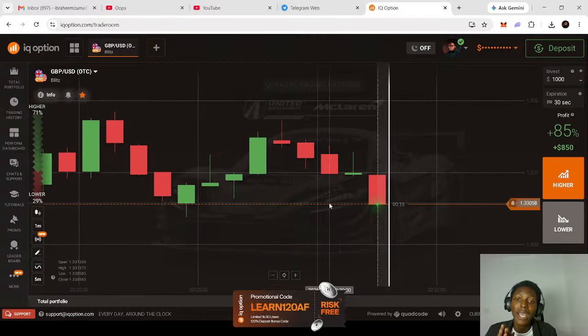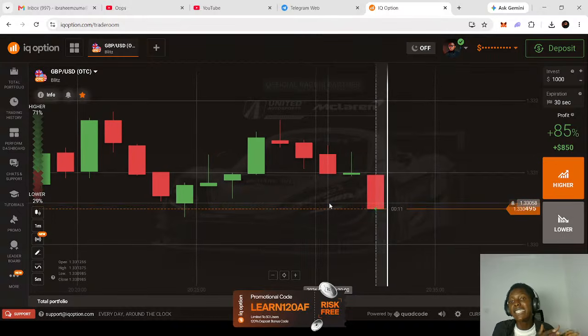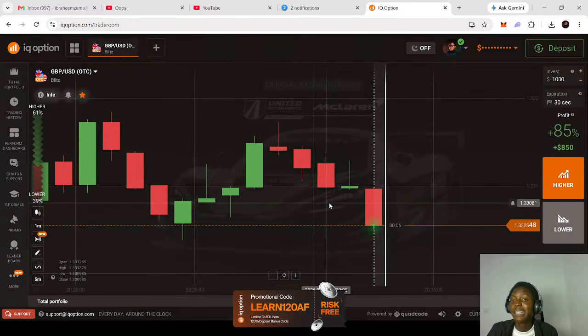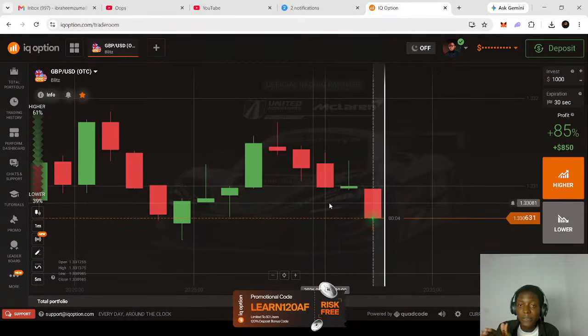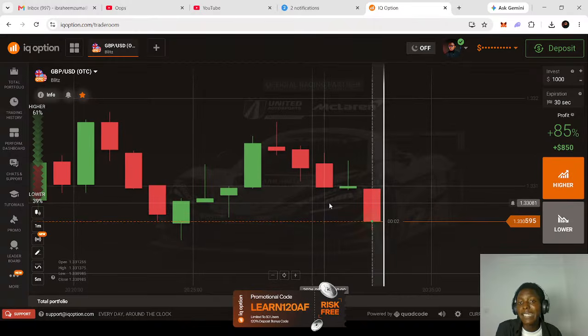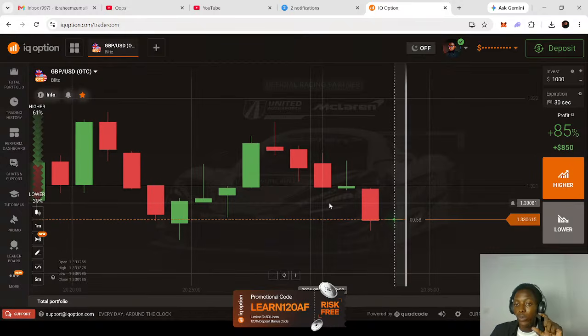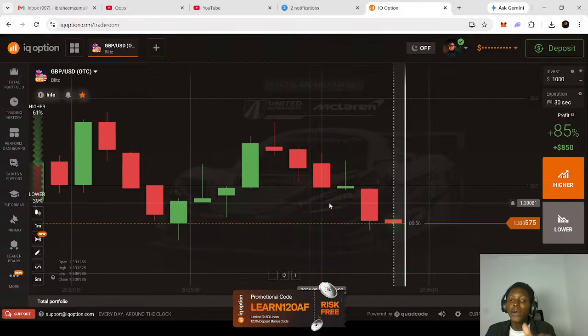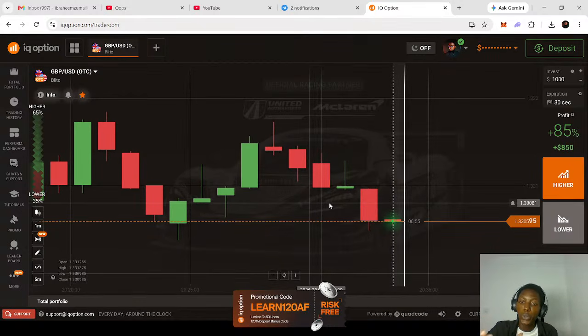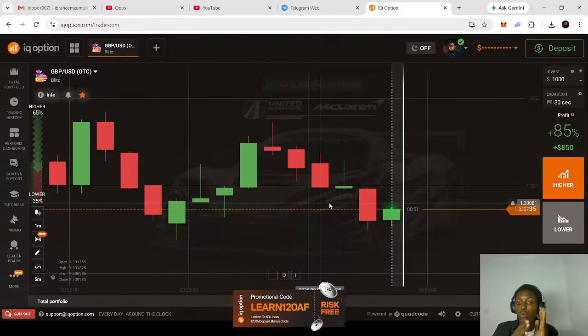But here's where a lot of you guys get confused. There's a difference between the chart and the trading expiry time, and these are two different things. The candle expiry time means that after a certain period of time, you will have a new candle. Just as you can see on the screen, we now have a new candle, and it means that after 1 minute, we have a new candle.